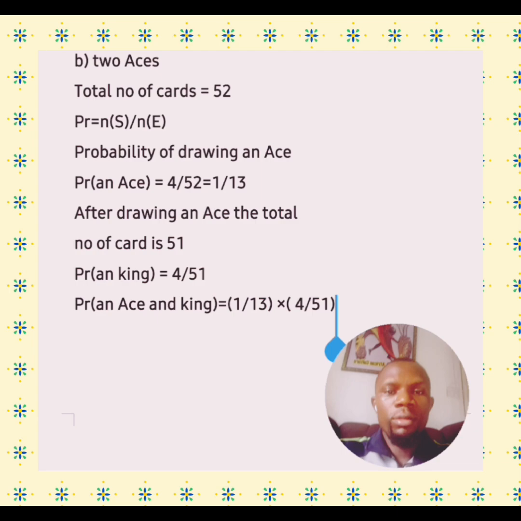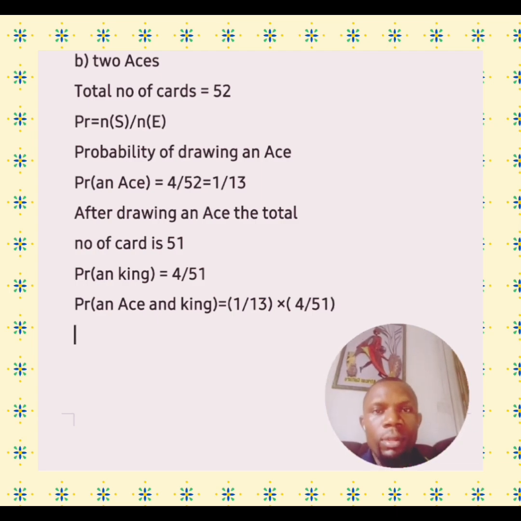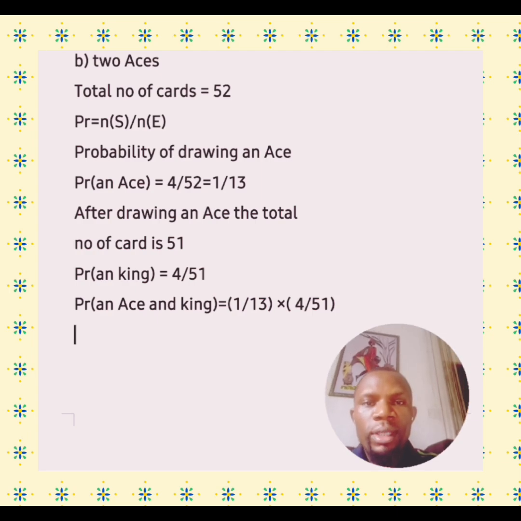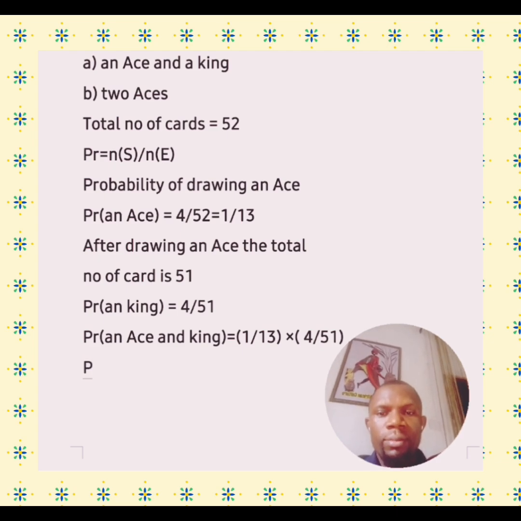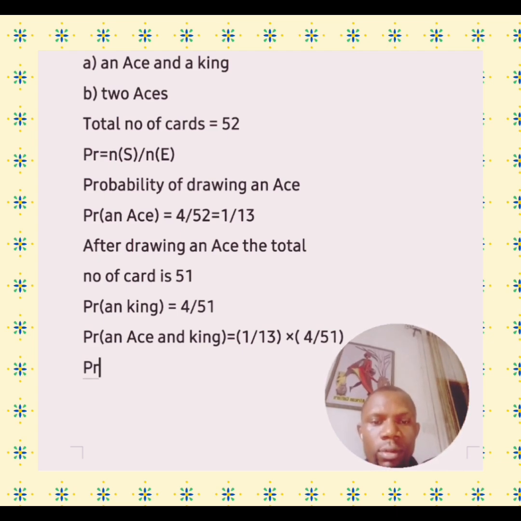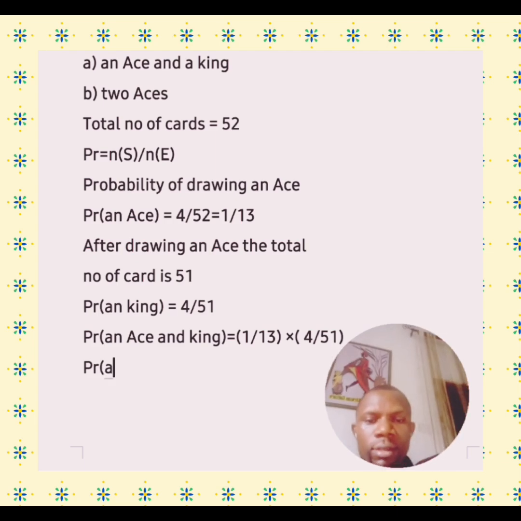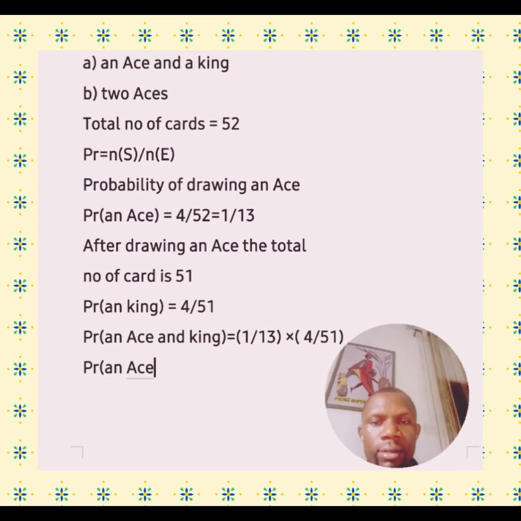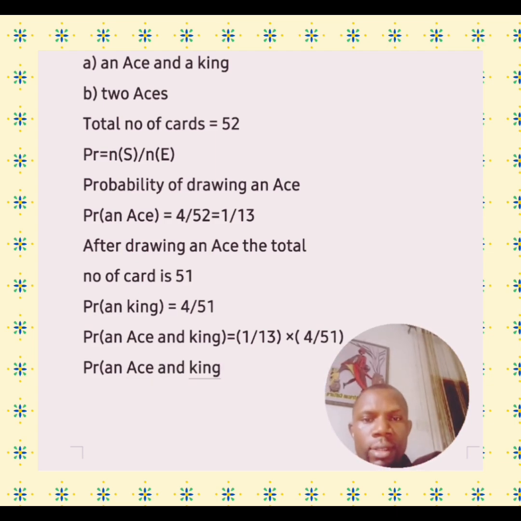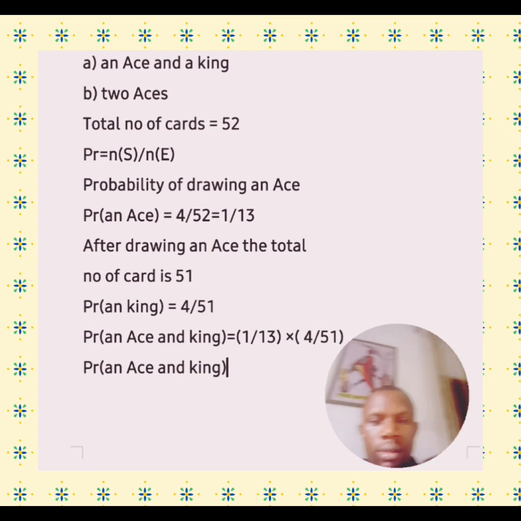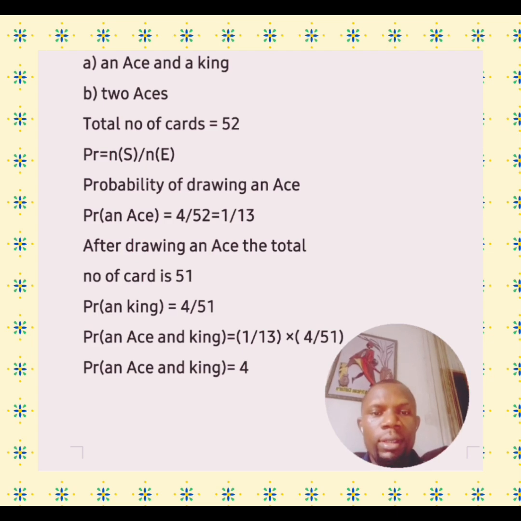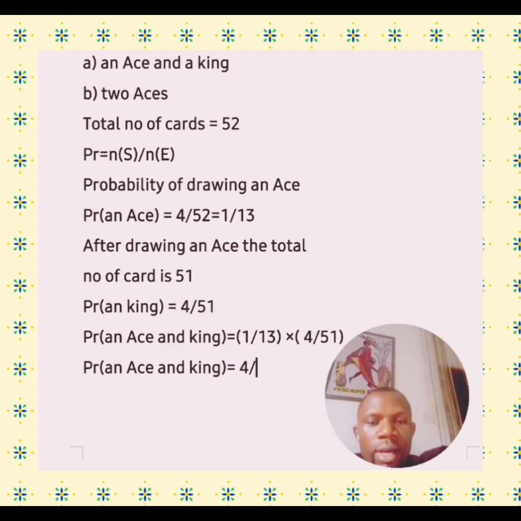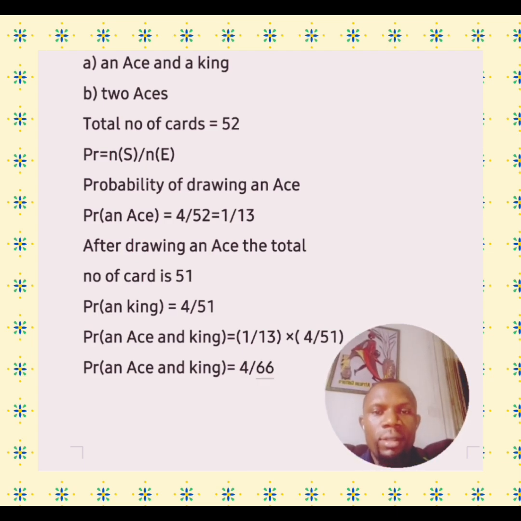So my probability of an ace and king is 1 times 4, I'll have 4, over 13 times 51, which is 663.